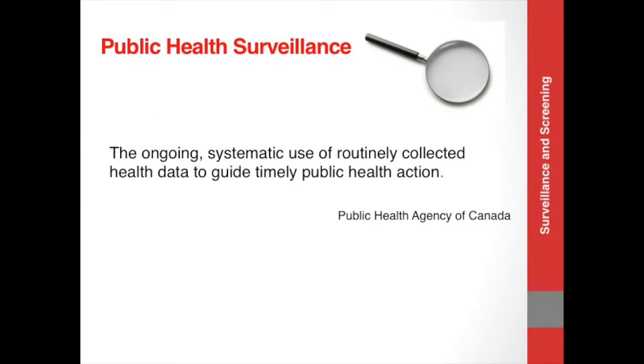The Public Health Agency of Canada defines surveillance as the ongoing, systematic use of routinely collected health data to guide timely public health action. To obtain surveillance data it needs, the agency works in concert with other federal departments and agencies and other levels of government, as well as health professionals, hospitals, and laboratories across the country.